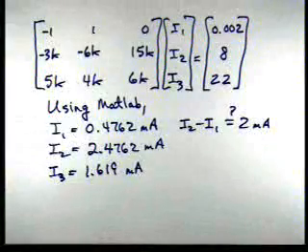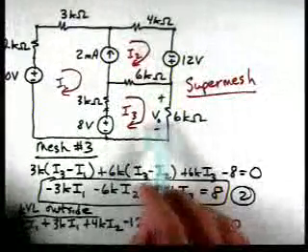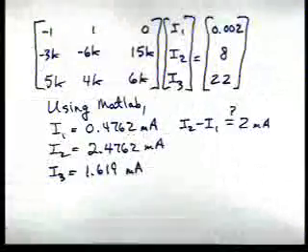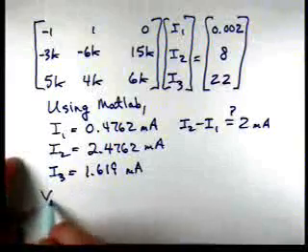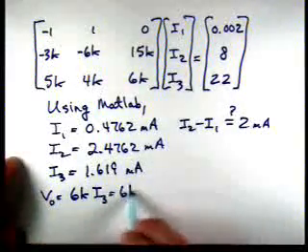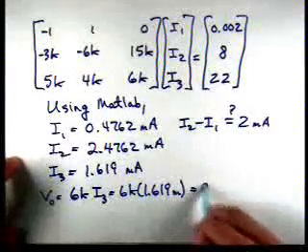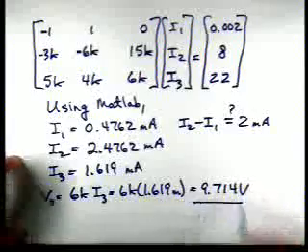Now from our circuit, V0 is just 6K times I3. So then for our solution, we have 6K times 1.619 milliamps, and that gives us 9.714 volts.